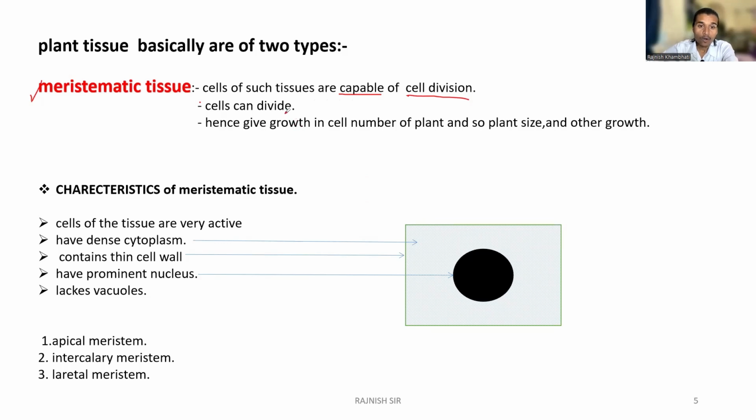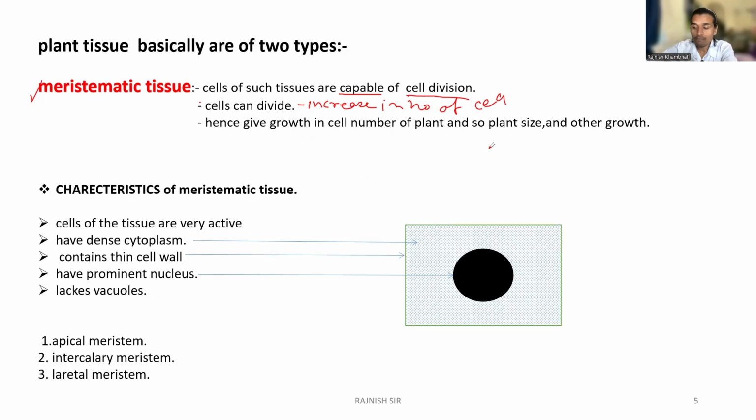Hence, when they divide, it means an increase in the number of cells. They will do cell division, and that is how they will increase the cell number.